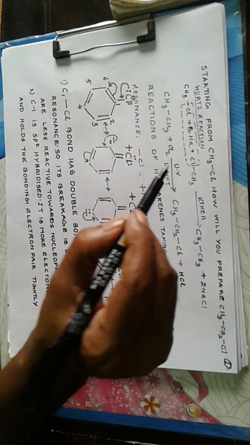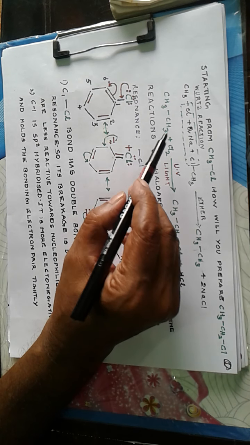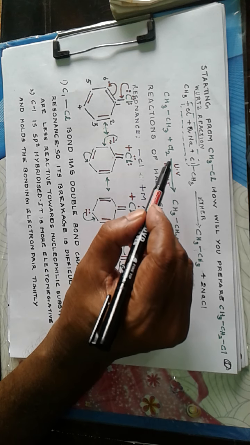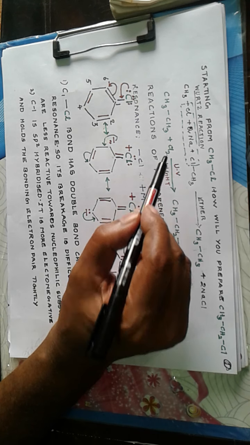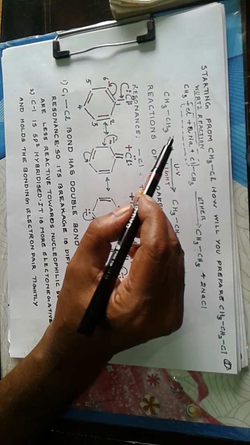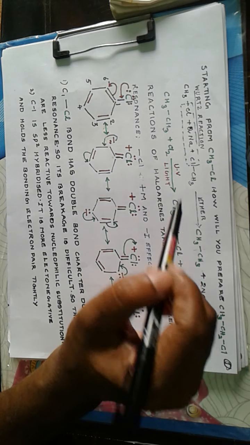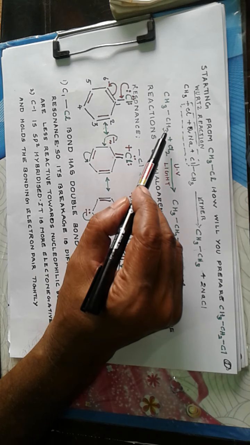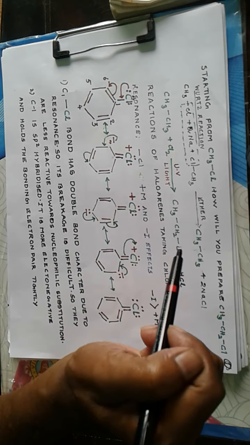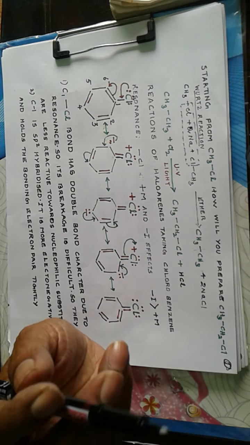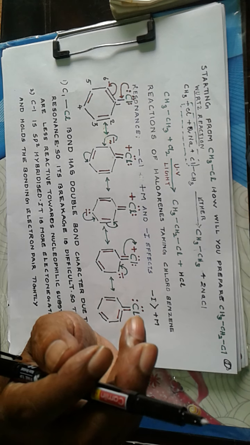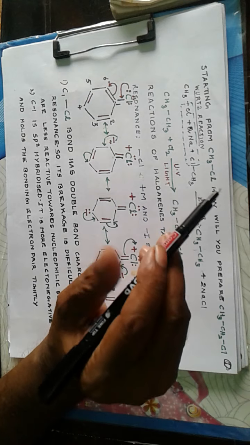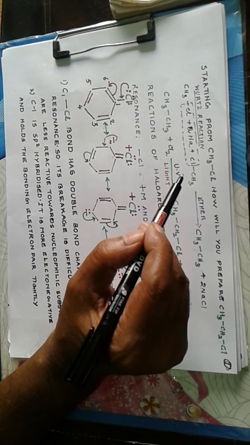So on further chlorination of this ethane molecule with ultraviolet light and chlorine, we get ethyl chloride, where one hydrogen of any one of the methyl groups is replaced by chlorine. So that is conversion of methyl chloride into ethyl chloride: Wurtz reaction, and then free radical chlorination using ultraviolet light.